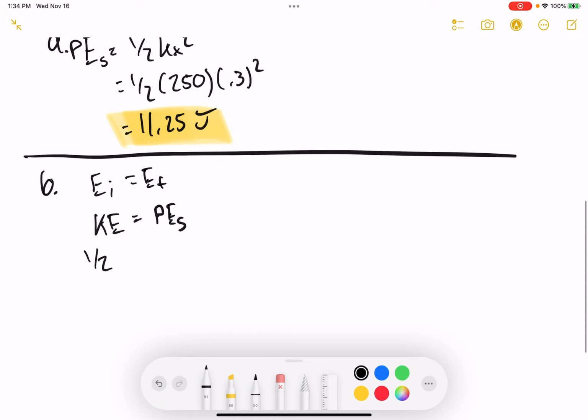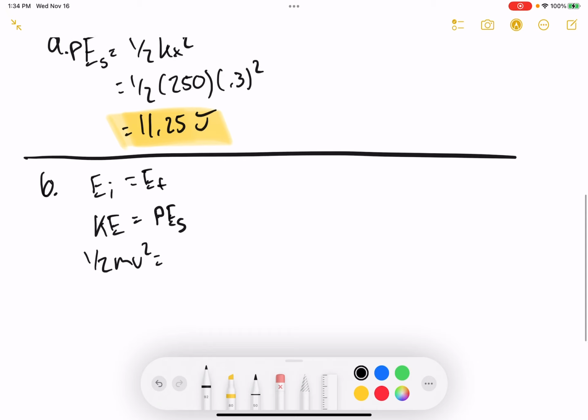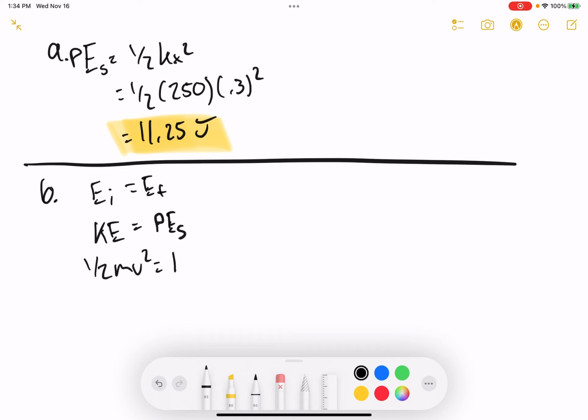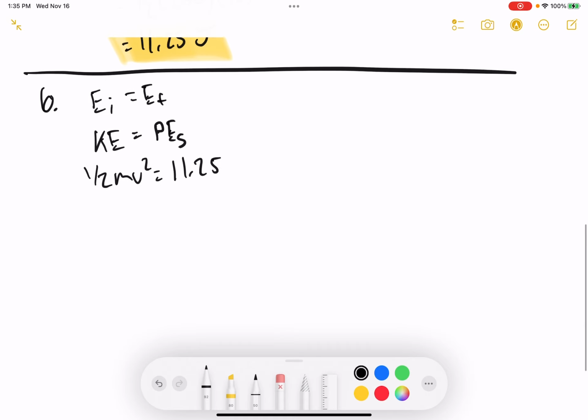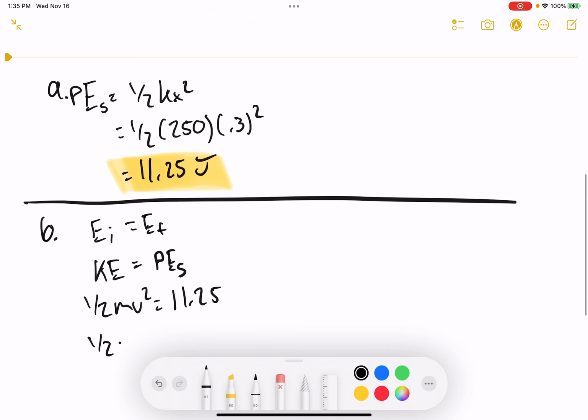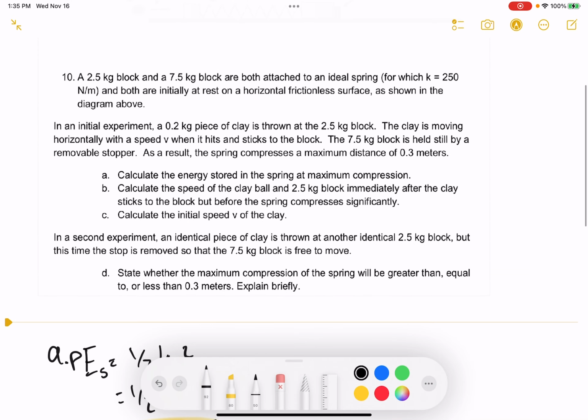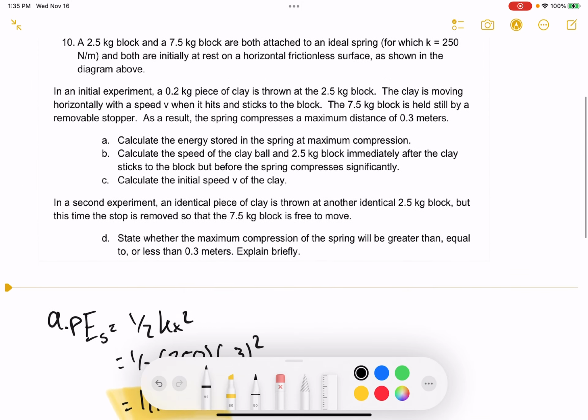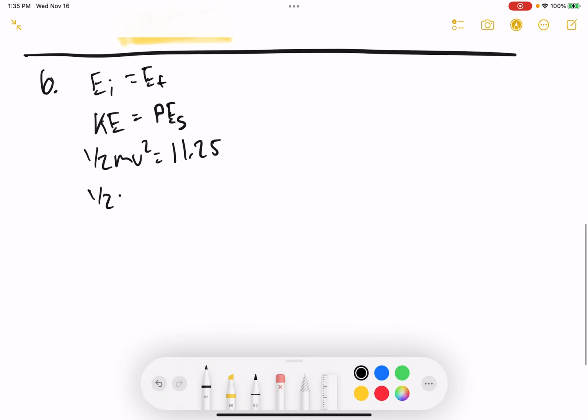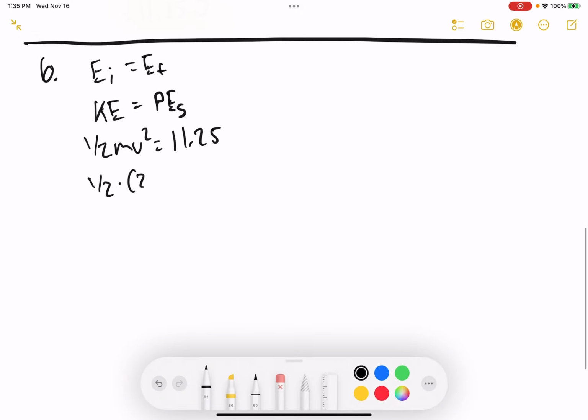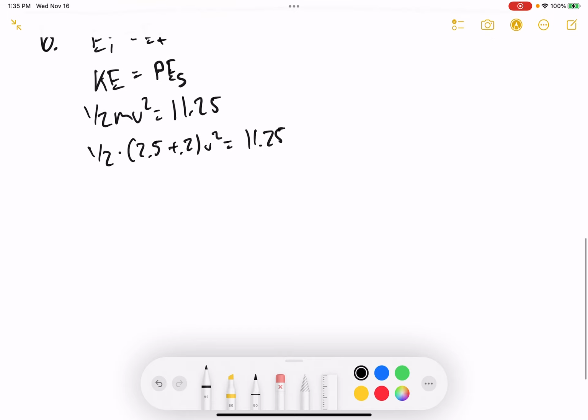So we have 1/2 mv squared equals, and then our PES is just the number we already found, 11.25 joules. So 1/2 times the mass we have now, which is the mass of the 2.5 block plus the mass of that piece of clay, so 2.5 plus 0.2, v squared equals 11.25.